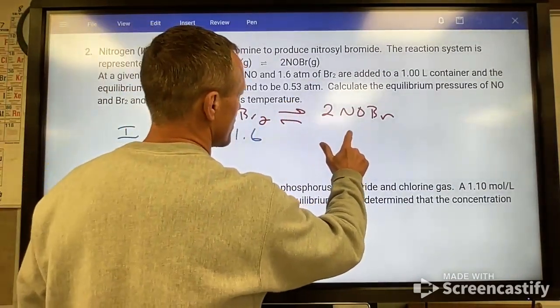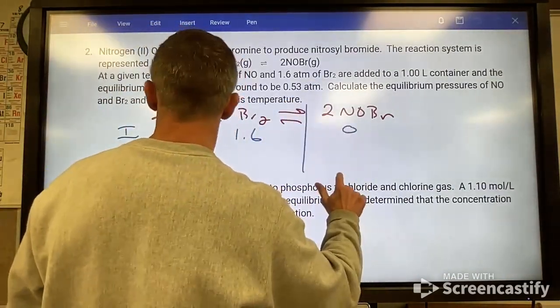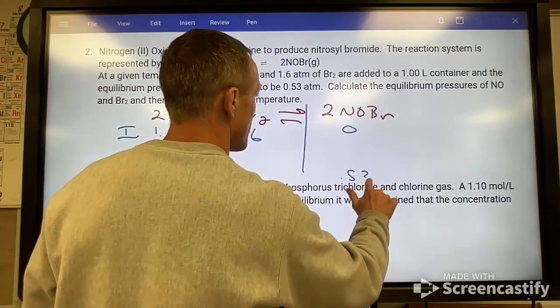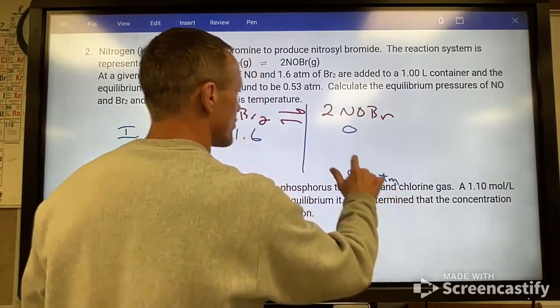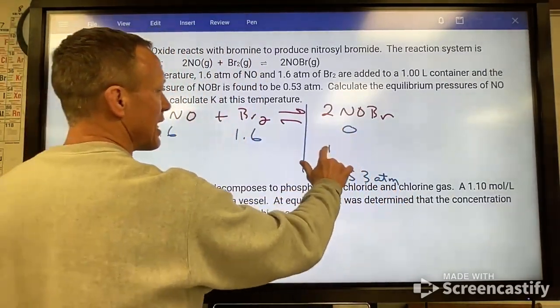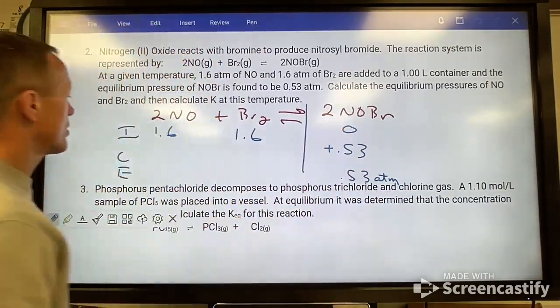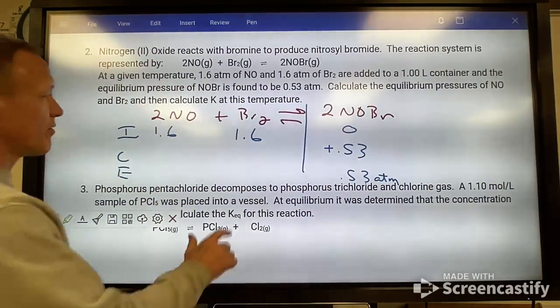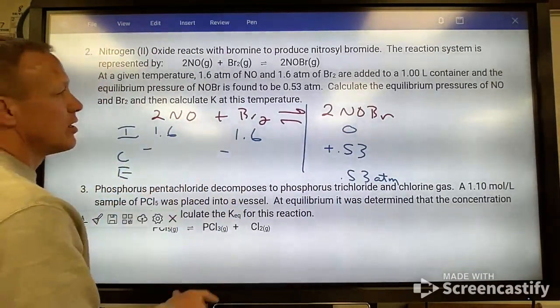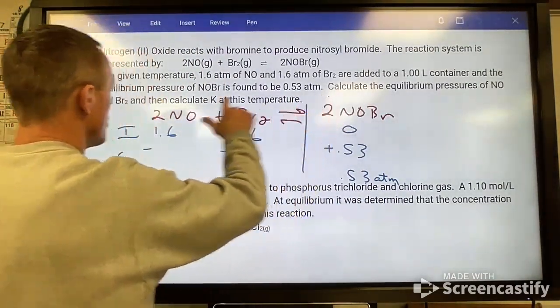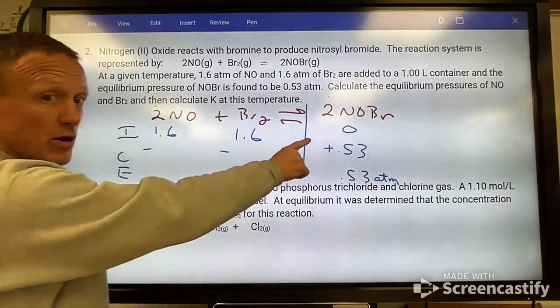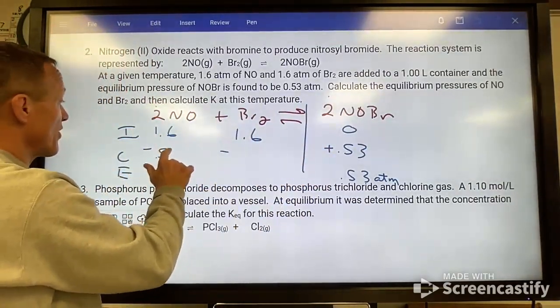So pretty similar to the last one. This is nothing. At equilibrium, this is 0.53 atmospheres. So we know this went up by 0.53. There's our change there. Well, these both had to go down. Notice 2 to 2 ratio. So if this went up by 0.53, this went down by 0.53.